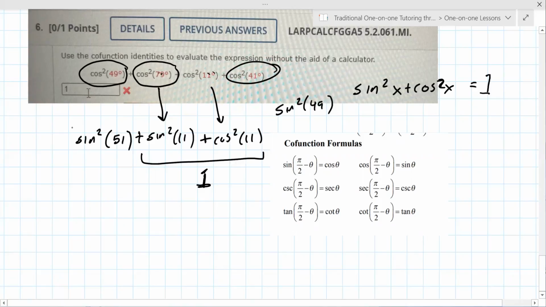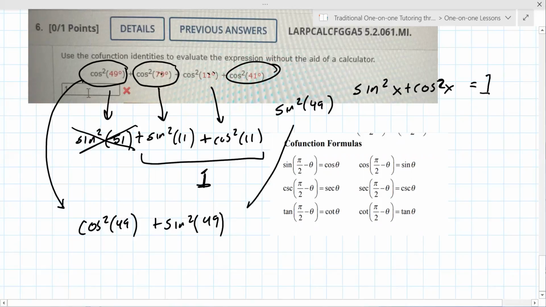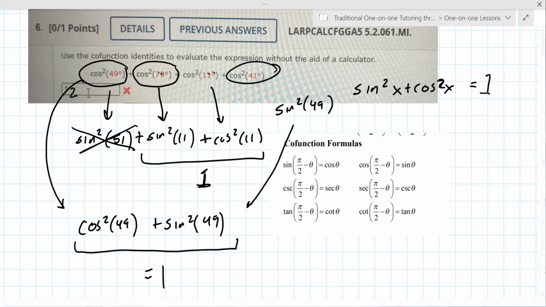If I bring the first one down here as cosine squared 49, and that last one is sine squared 49, then this also equals 1. So it's 1 plus 1, 2. Niko, yours are different numbers, but it's the same, unless your signs change. But the red tells me that it's just the numbers. Yours probably equals 2 for the same thing.